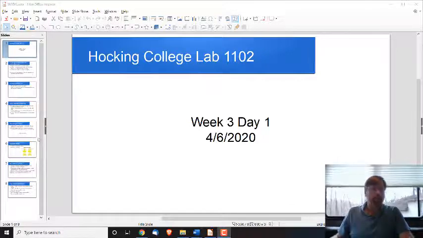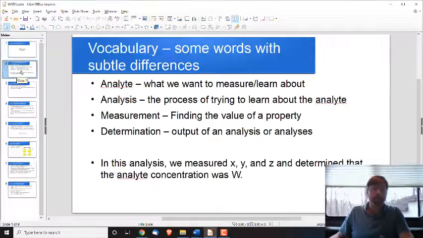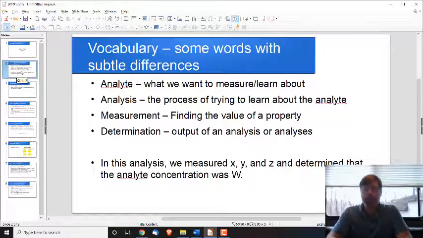All right, let's move on to talk about what we're learning today, which is largely vocabulary stuff. A lot of these are slightly different words for very similar concepts. So let's start with the first one.